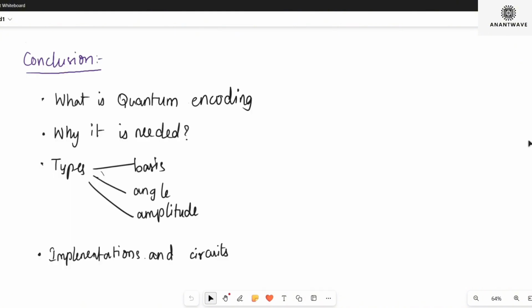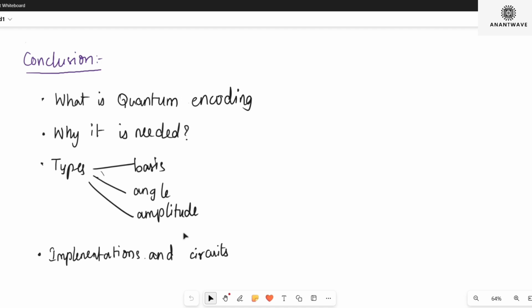So, to wrap it all up, quantum encoding is a critical bridge between classical and quantum world. It allows us to take real world data like numbers, images, or signals and map it into quantum states that we can process on a quantum computer. We have seen why it's needed. Without encoding, we can't even begin quantum machine learning or quantum simulations. We have seen types of data, types of encoding: basis, angle, and amplitude.